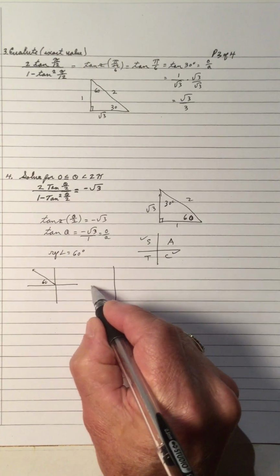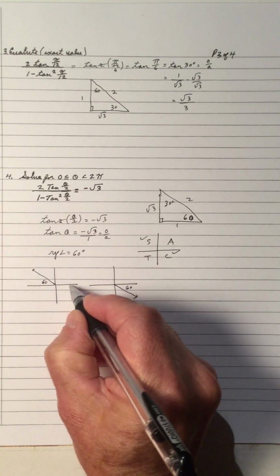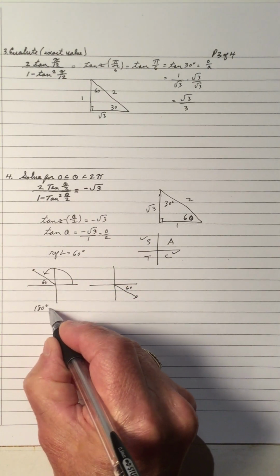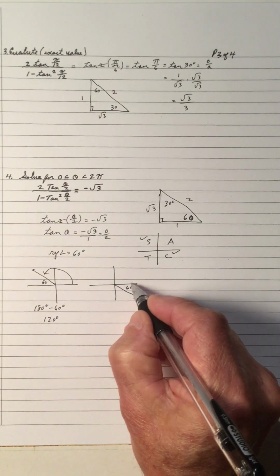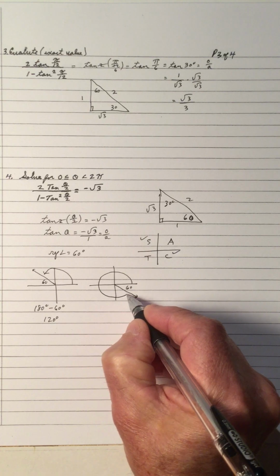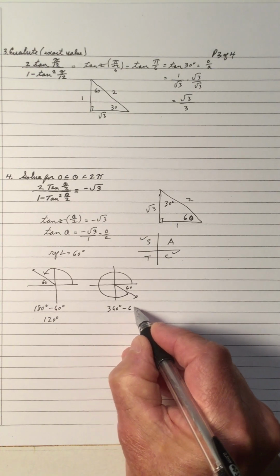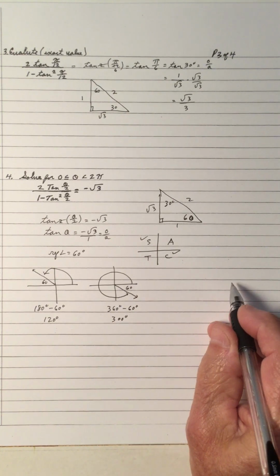And we go to quadrant 4, where the reference angle is 60. So we rotate around here. This one is 180 minus 60, so that's 120 degrees. And this one right here, right around the fourth quadrant, is 360 minus 60. So that's a 300.